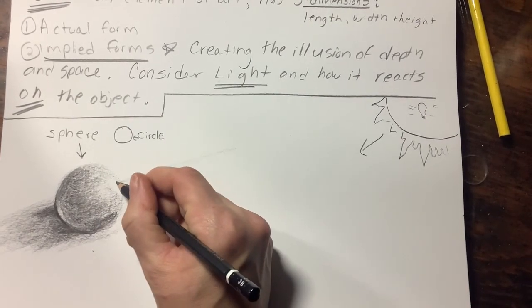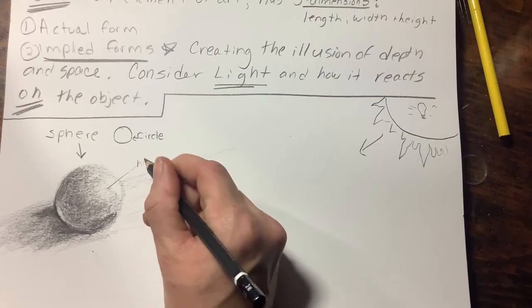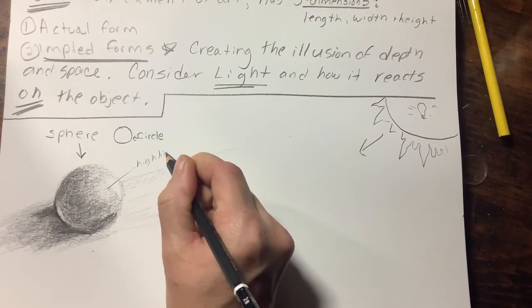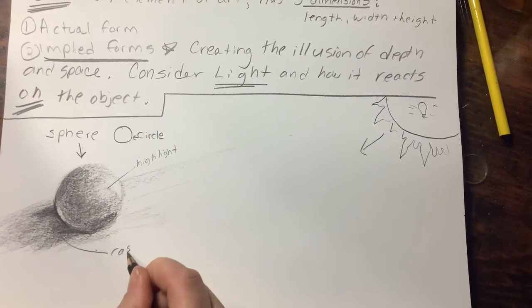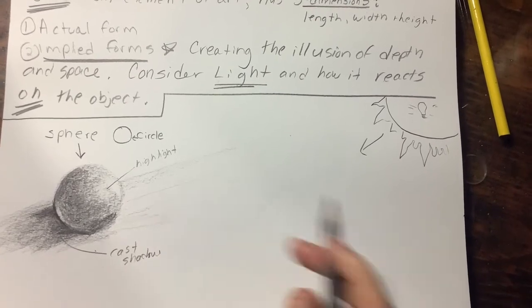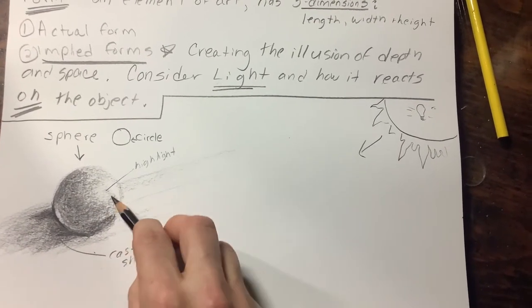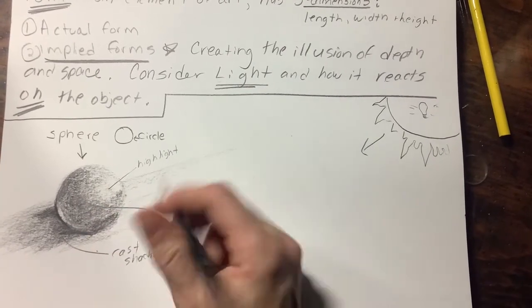So if we want to label the parts of this, we have the highlight. We have the cast shadow. We have, which I think still needs more work, the mid-tone.